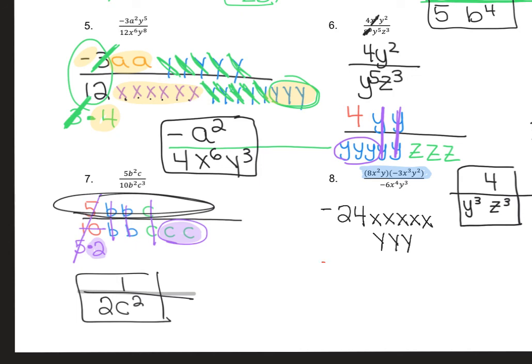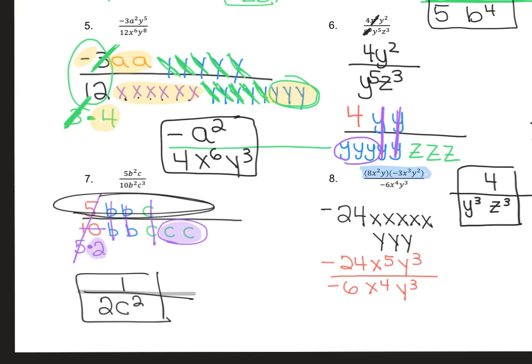Well, it's going to be -24 x to the 5th y to the 3rd, and then that is going to be over -6 x to the 4th y to the 3rd. So I have to do the top before I can do the division.